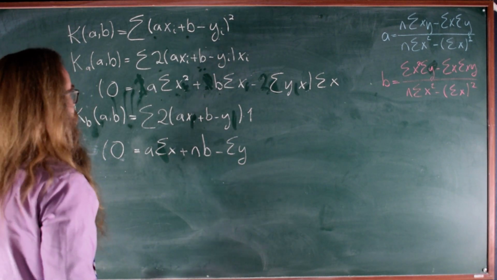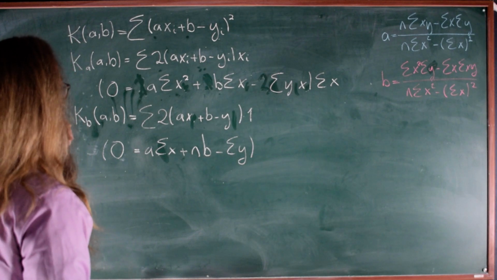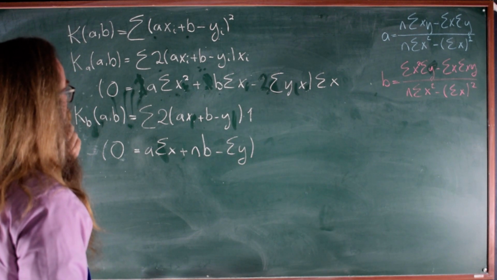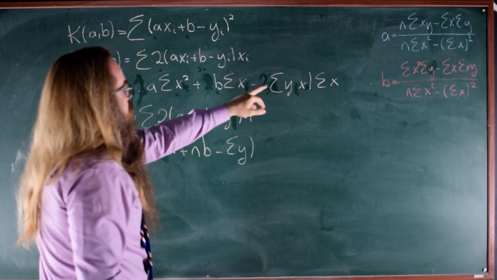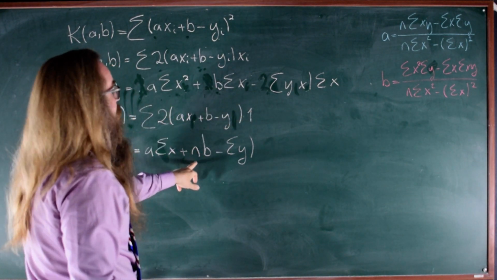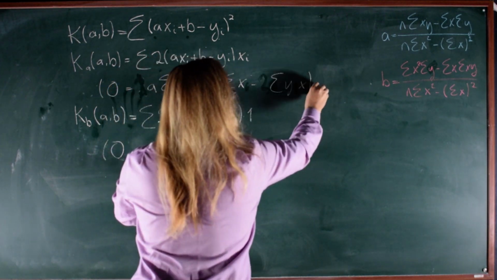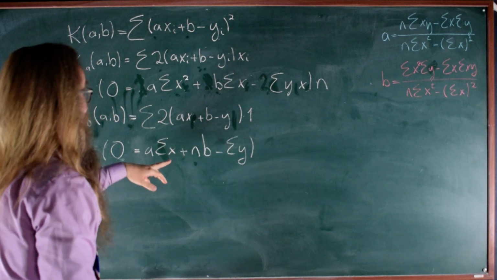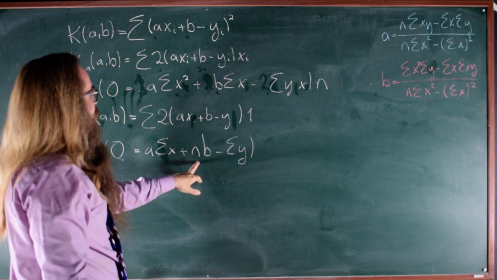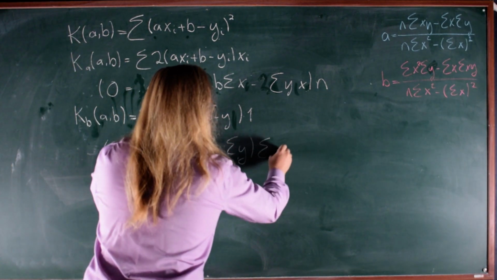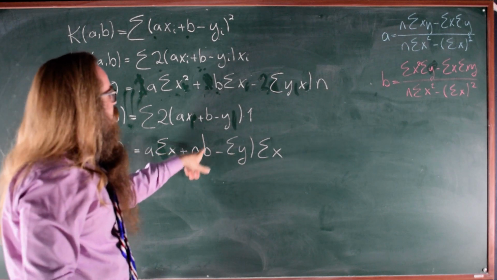And what I need to do this time is multiply this thing here not by sigma x, but by n, which is actually a nicer calculation because I don't need that sigma thing. Okay, and this one I need to multiply by sigma x. All right, so I get the same coefficients here.